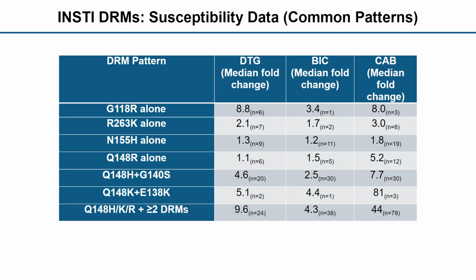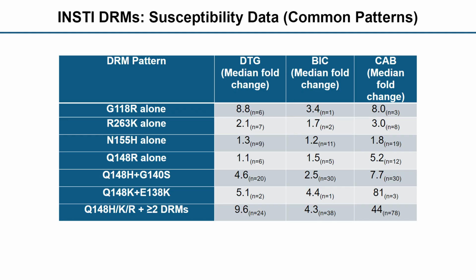This slide highlights substantial cross-resistance that exists among the three second-generation INSTIs. For nearly all drug resistance mutation patterns, CAB shows the greatest loss of activity, often with substantially higher fold reductions in susceptibility compared with dolutegravir. In contrast, BIC generally shows slightly lower fold reductions than dolutegravir for the same drug resistance mutation patterns.